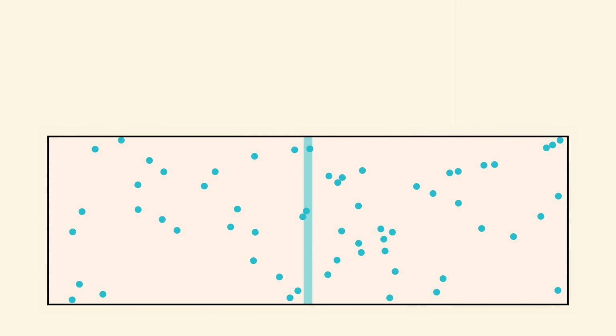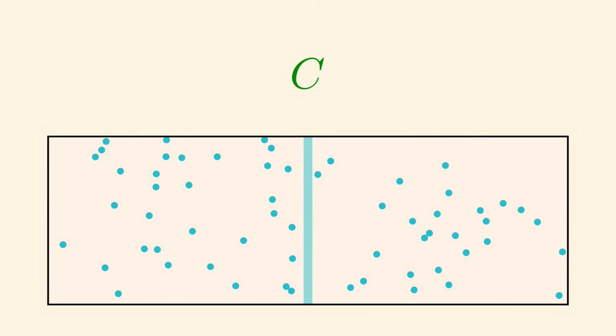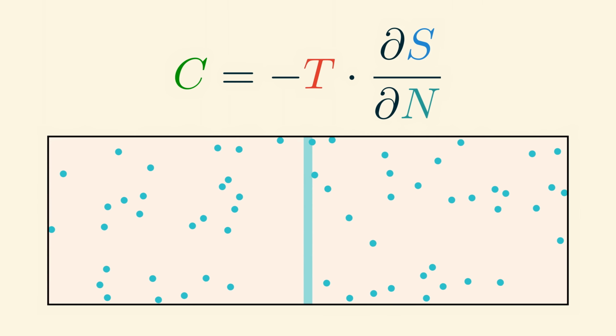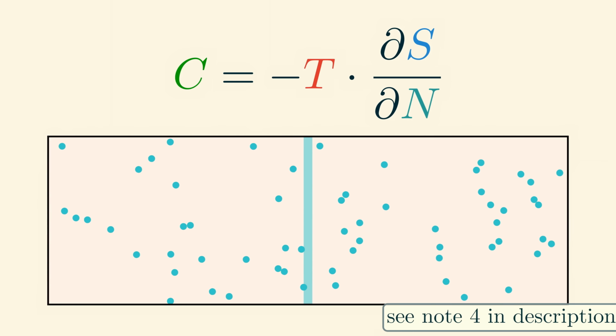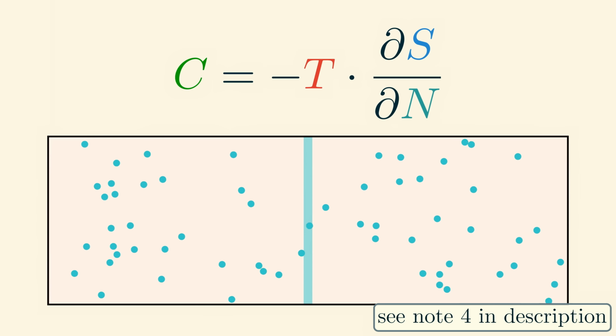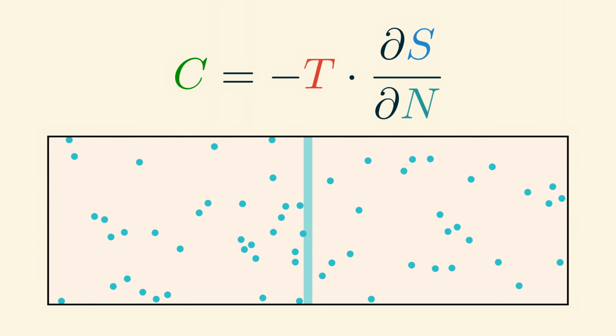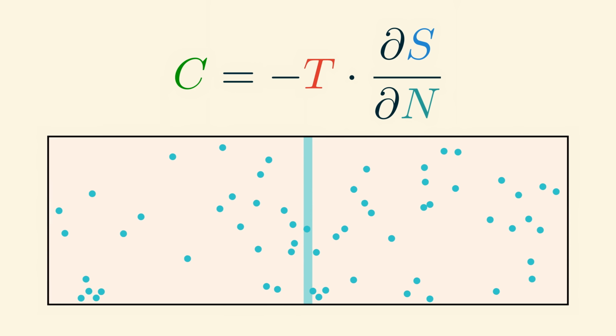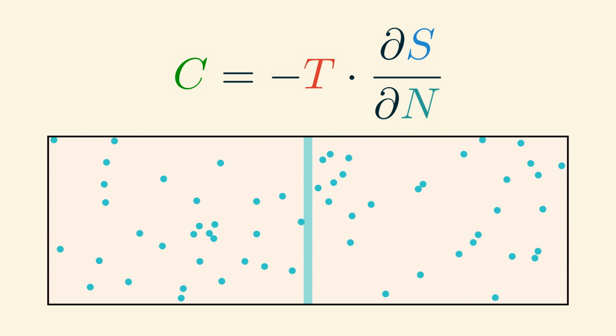We only have one type of molecule though, so we'll only have one chemical potential, which we'll call C. This is defined as minus T times the derivative of entropy S with respect to the number of molecules N. By the way, unlike the temperature, which is always non-negative, the chemical potential could be any real number.